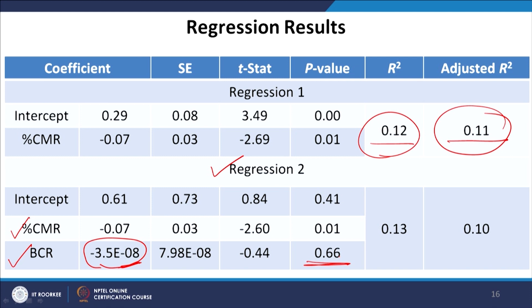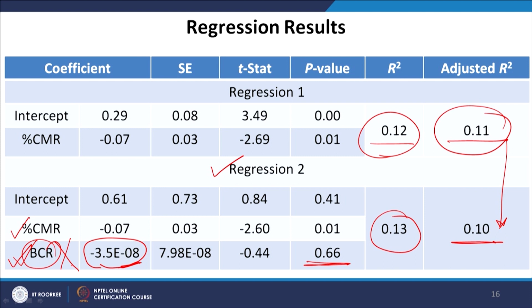Nevertheless, our R square value has gone up from 0.12 to 0.13, but this variable is a redundant variable, and that is reflected by the adjusted R square value, where adjusted R square has experienced a fall. So, this indicates that this variable is redundant and should not be included in the regression analysis.